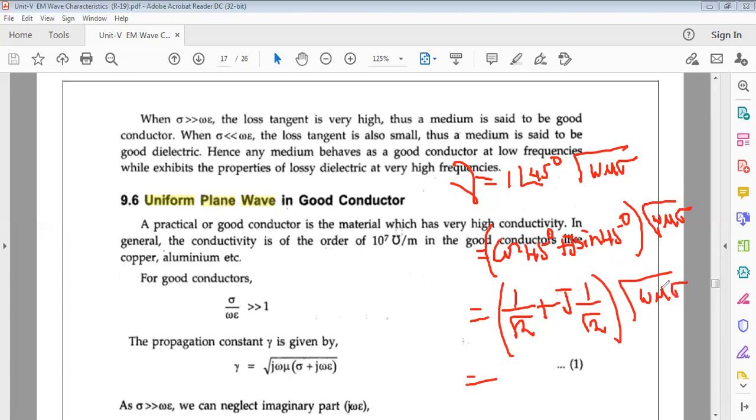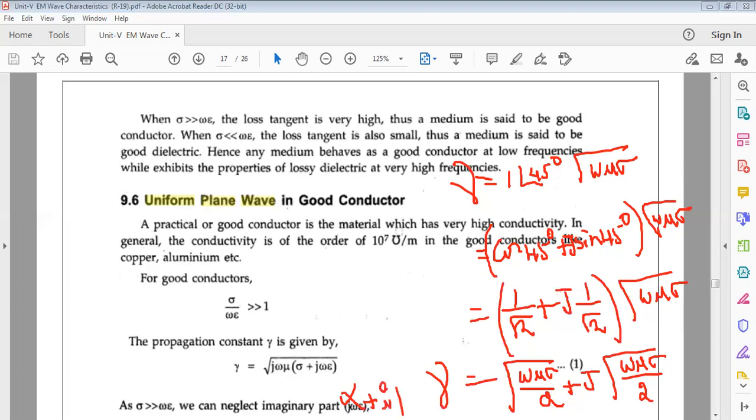Multiplying under root of omega mu sigma into the two terms, in total we get under root of omega mu sigma by 2 plus j into under root of omega mu sigma by 2. So what is gamma? Nothing but alpha plus j beta.